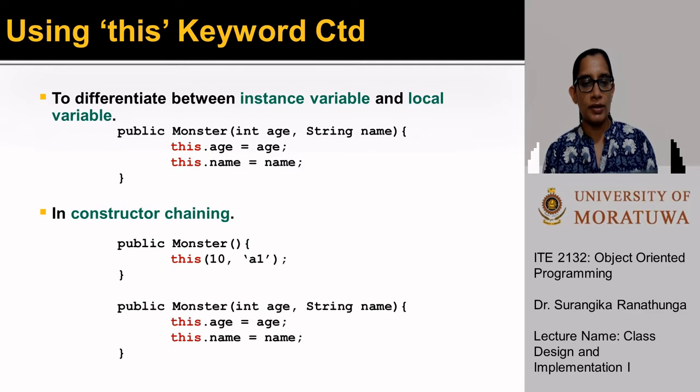So this means the constructor that takes an integer parameter and a string parameter. The Java compiler can resolve this reference, the reference by this keyword, to the Monster constructor that takes an integer and a string as the input parameters.